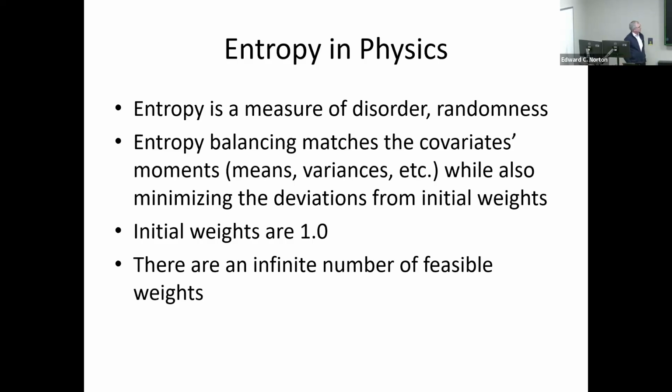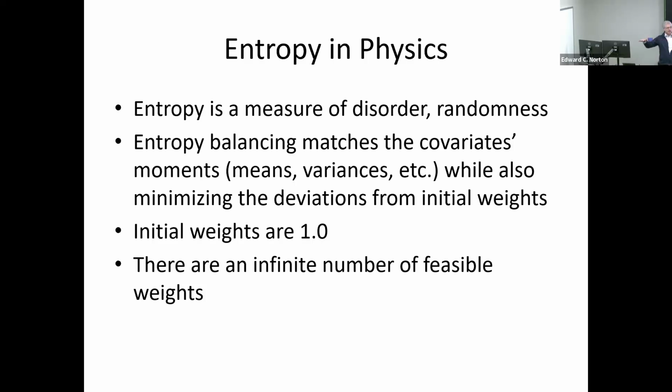Where does the name entropy come from? It comes from physics. Entropy in physics is a measure of disorder and randomness. And the way I think of this is that when you have weights equal to 1 for all observations, every observation gets to have equal weight and is not compressed to 0.